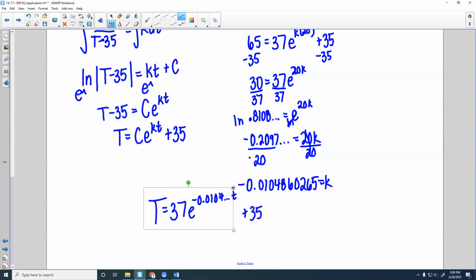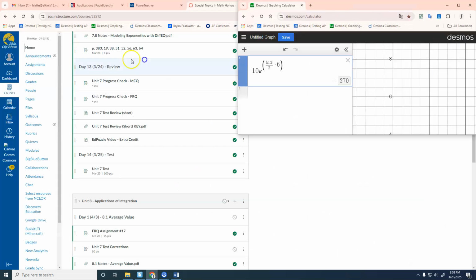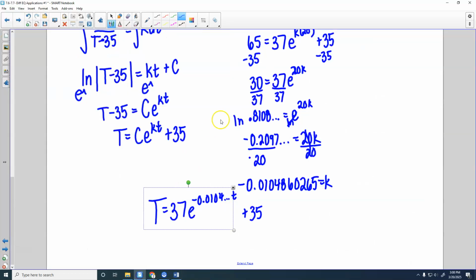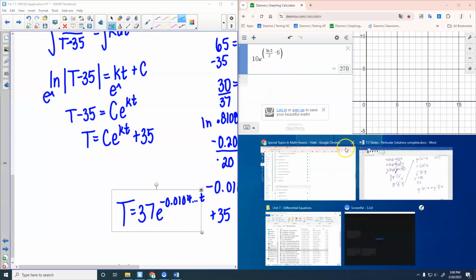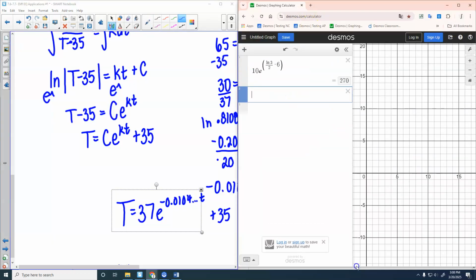Okay, I know it's about time, so you can start packing up while I show you the last little bit of this, because I want to know the time of death so we can be on the lookout for the killer.